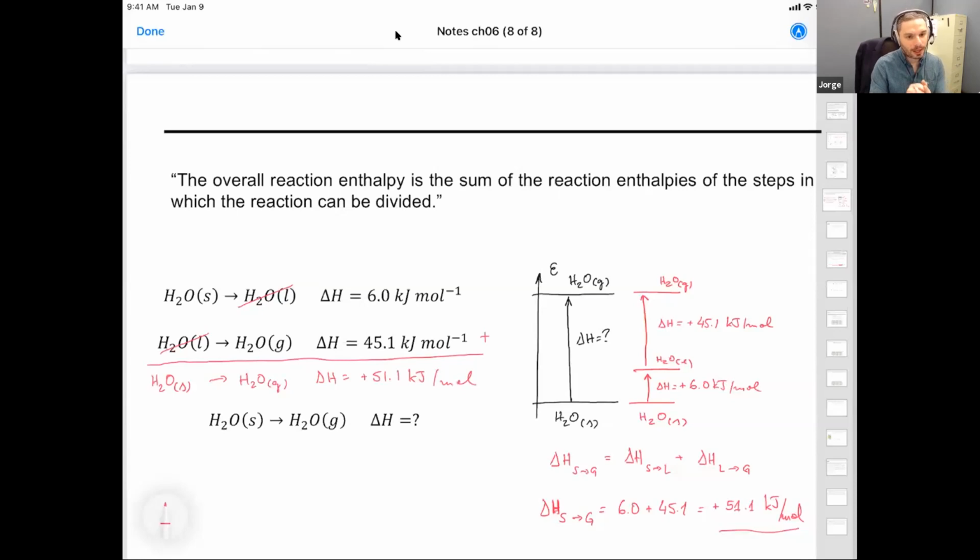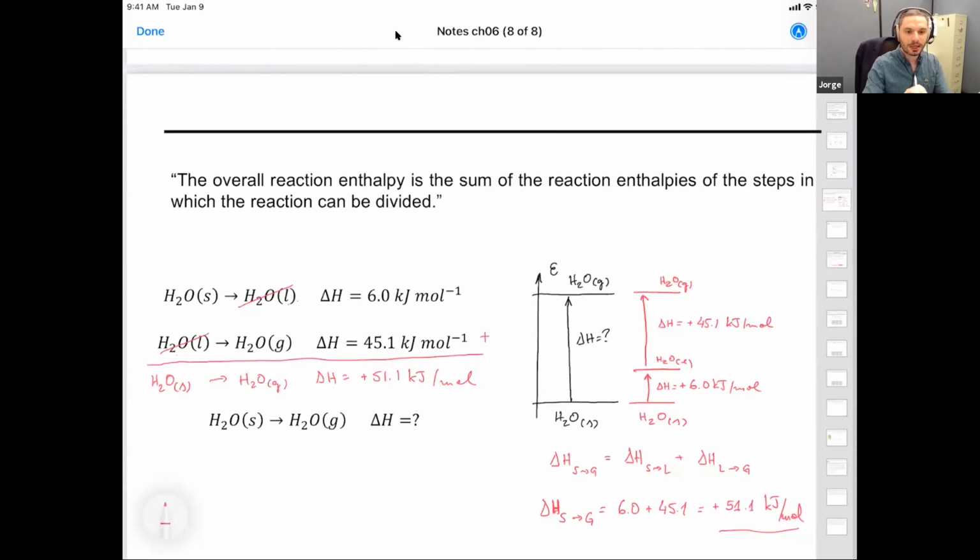So pay attention here. To cancel reagents and products, the physical state of the compound has to be the same. That's why I cannot cancel H2O in the solid state because it doesn't show up on the other side, but I can cancel water in the liquid state because it shows on the right side and then on the left side of the next equation.